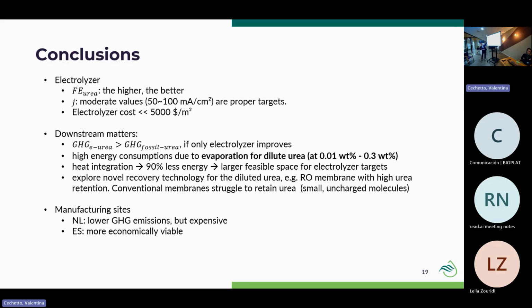And also we found another target: the electrolyzer cost should be much smaller than 5,000. Actually, this value is very challenging based on our current economic information. And we also find that downstream matters a lot because of the energy.